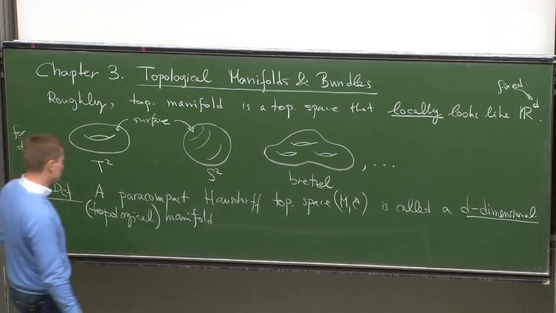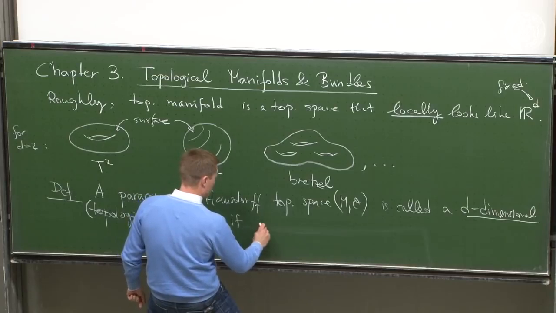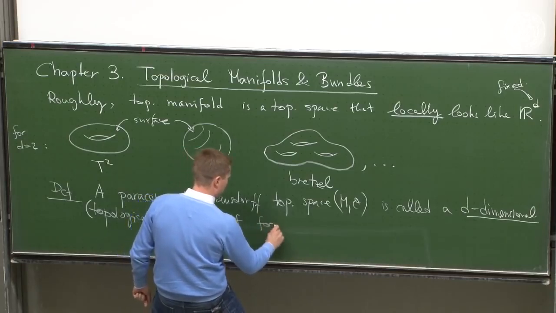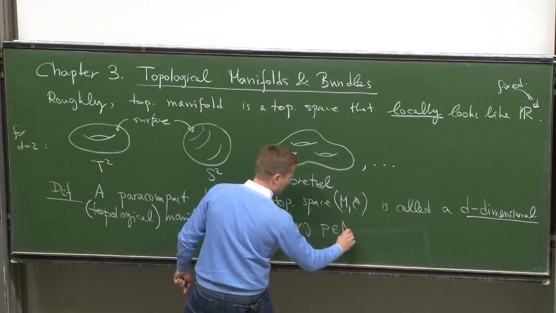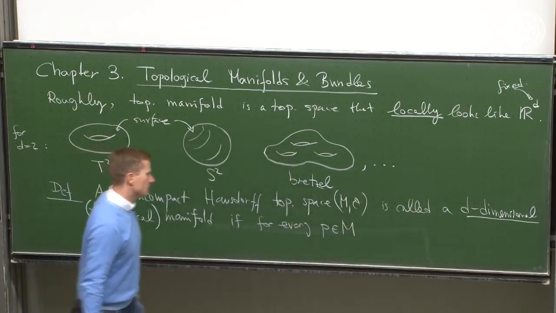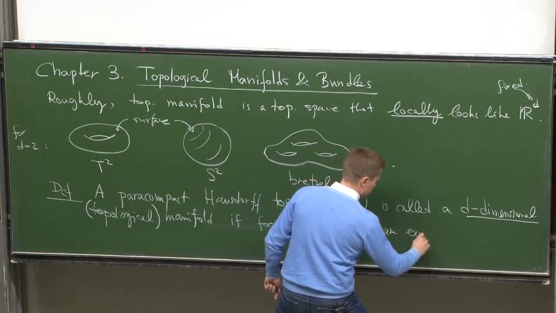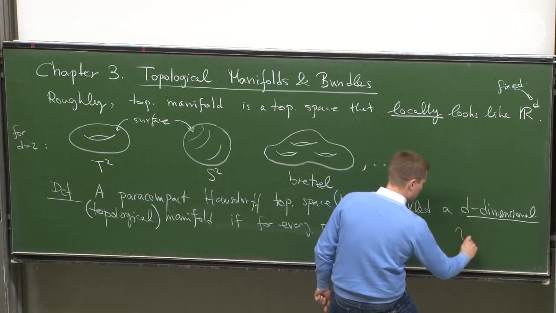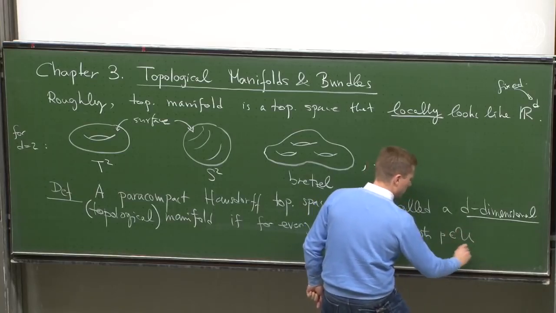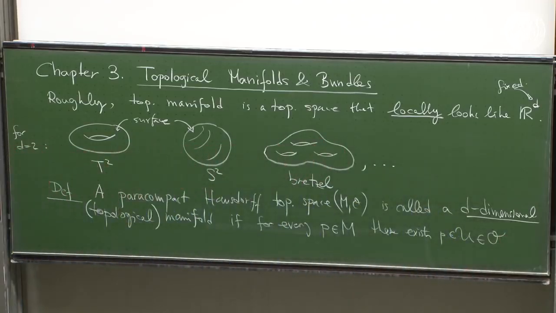It's called the d-dimensional topological manifold if for every point p in the set M, there exists a neighborhood. There exists an open neighborhood. That means there exists a U that contains the point, and the U is an open set of the topological space.